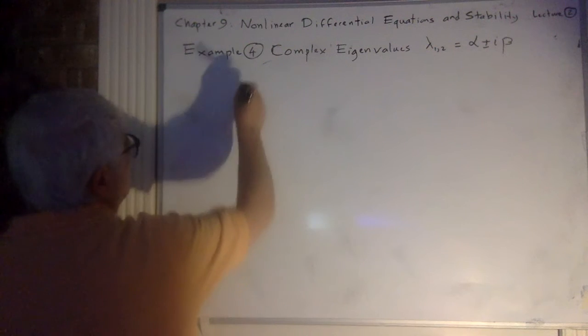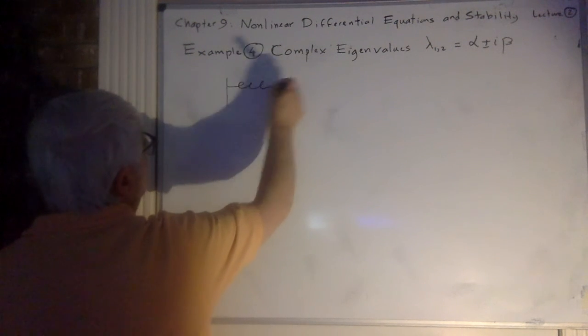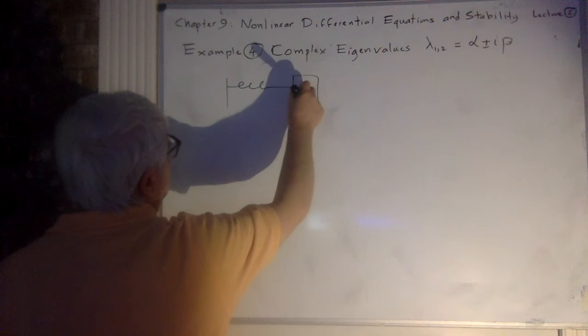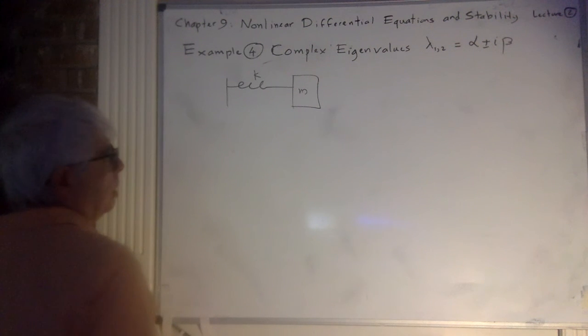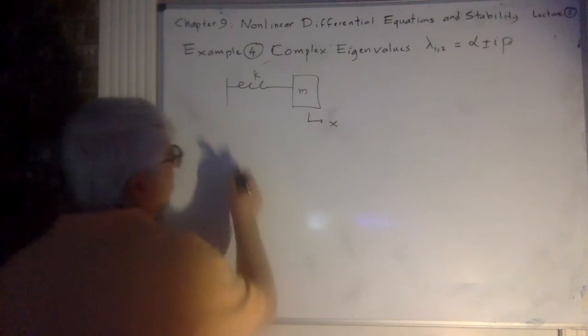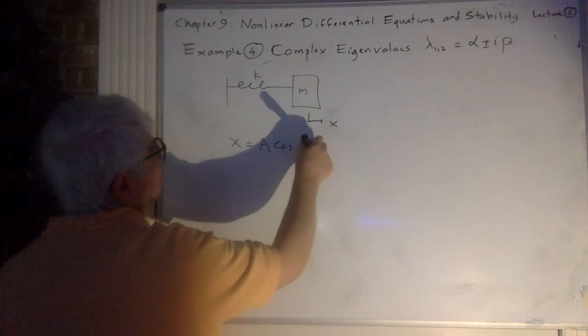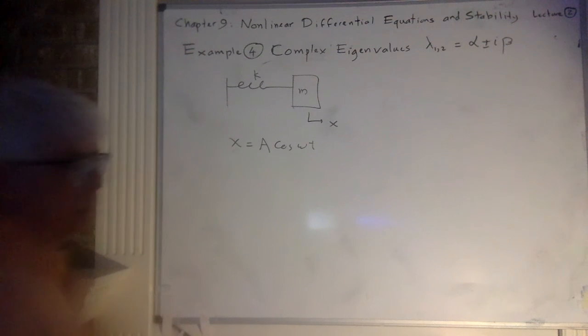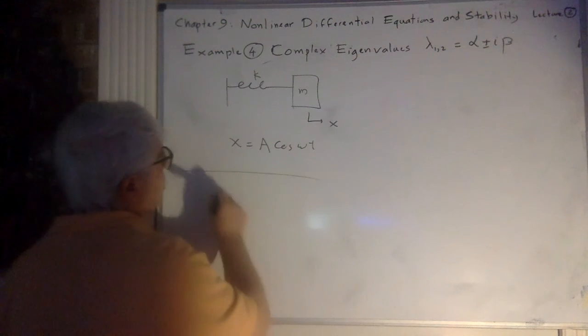Remember, for a spring mass, K, if there is no damping, then this x is simply like some A cosine omega t. There is no e to power something.